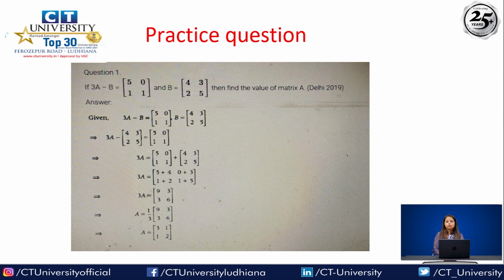After that, on the right hand side, this will be in the plus form. So you have to add these two matrices, and after adding these two matrices you get 9 3 3 6, and the 3A is equal to this full matrix, and 3 here is in the multiplication form. After that you have to divide 3 in the right hand side, and you can easily get the value of capital A. So this is your practice question 1.